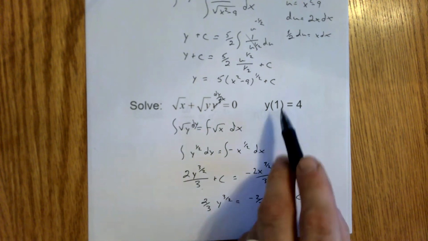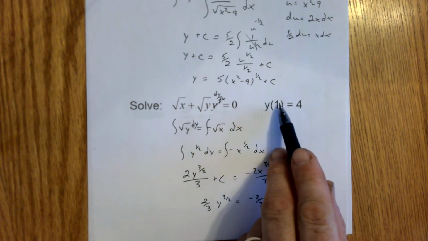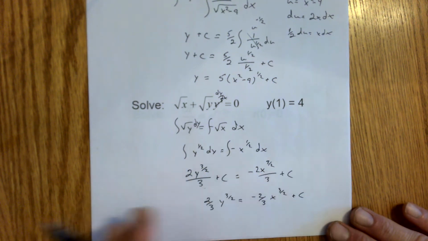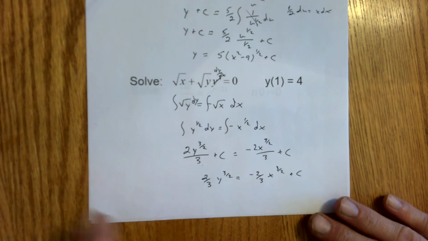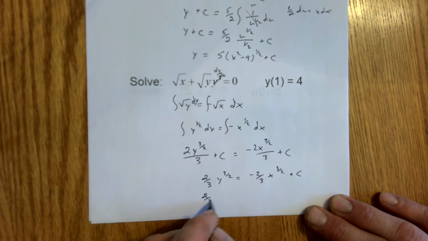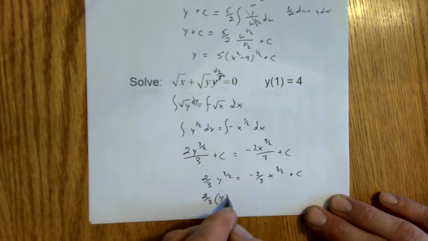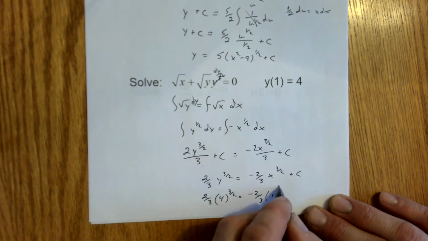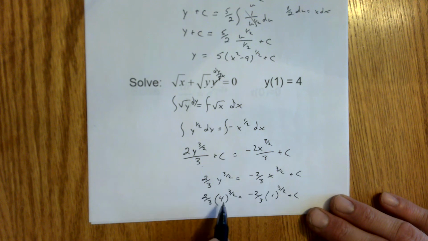But we know that y of 1 equals 4. So I plug in 4 for my y value. I'm going to get 1 out for my x value. So I end up with 2/3 y, which is my 4 to the 3/2, is going to equal negative 2/3 of 1 to the 3/2 plus c. 4 to the 3/2.